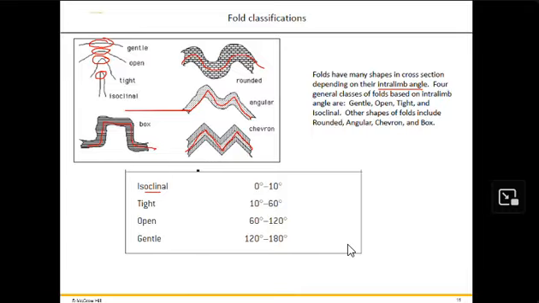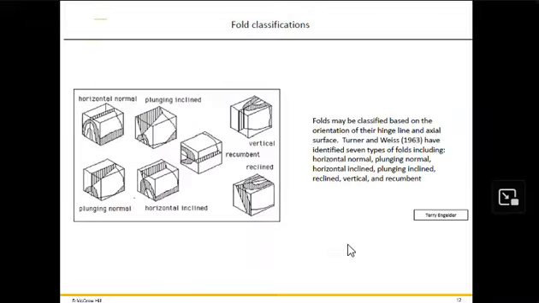Now, this is one way we classify folds. And then the 4th way we classify folds is by thinking about their orientation. When we talk about their orientation, we're talking about the orientation of their hinge line and axial plane.